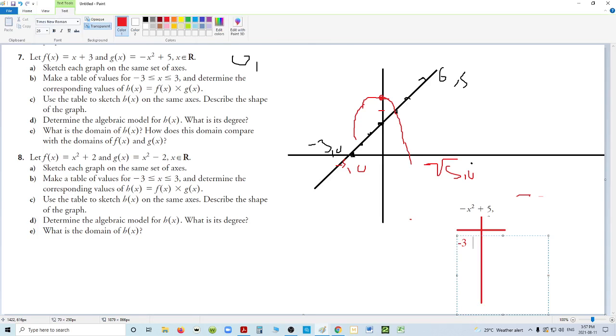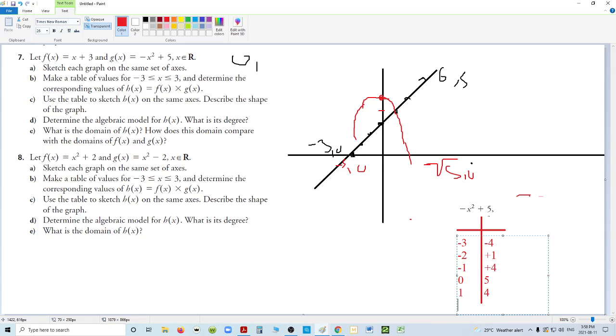minus 3. What's minus 3 squared? 9. Multiplied by minus 1. Minus 9 plus 5. Minus 4. Minus 2 squared? 4. Times minus 1. Minus 4 plus 5, plus 1. Minus 1 squared? Positive 1 times minus 1. Minus 1 plus 5, plus 4. 0 squared plus 5. 1 squared minus 1.